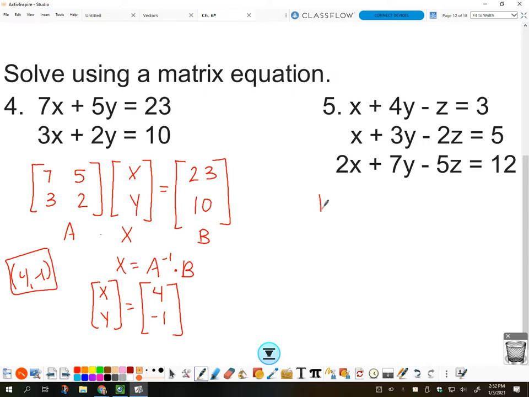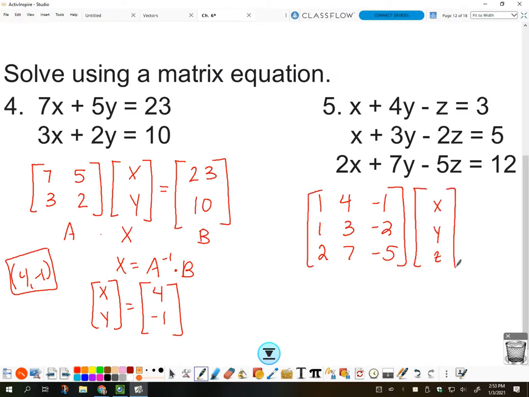your coefficient matrix is going to be 1, 4, -1, 1, 3, -2, 2, 7, -5. This one has variables x, y, z. It's important that if they do not give you all of your equations in standard form, that you put them in standard form, meaning that the variables are in alphabetical order and all on the same side.